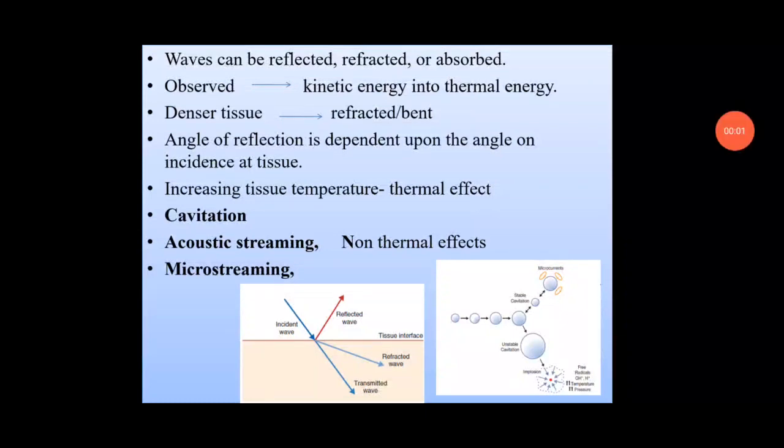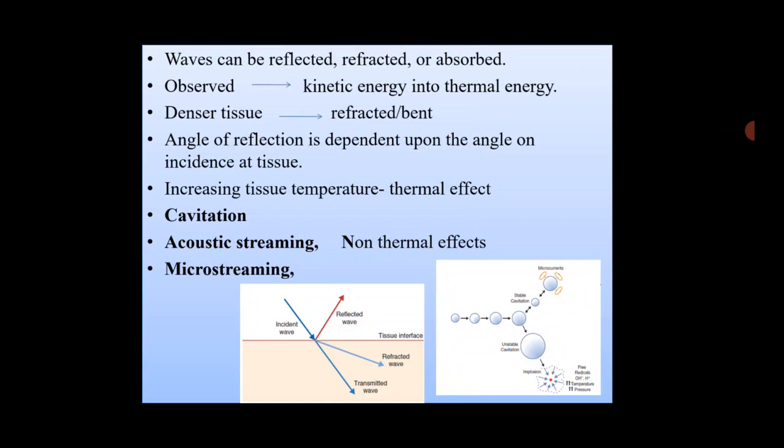So cavitation has two types, stable cavitation and unstable cavitation. Stable cavitation will have non-thermal effects. Unstable cavitation, at the end, will burst or explode and produce more temperature and increased pressure. So that is the reason it will have a thermal effect.